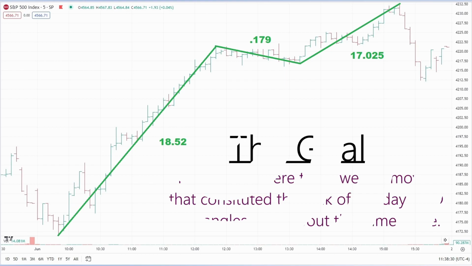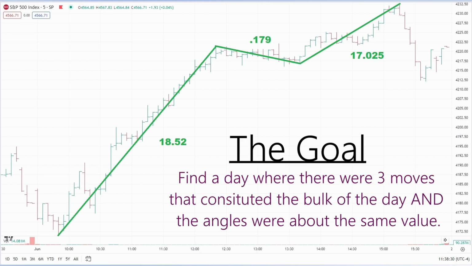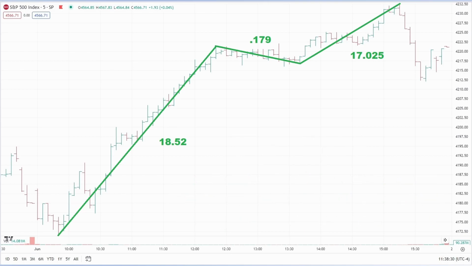The goal is to find a day where there were 3 moves that constituted the bulk of the day, and the angles were about the same value. The value could be 150, 220, 175 as it is here. The value does not matter, meaning we're not trying to specifically match this.